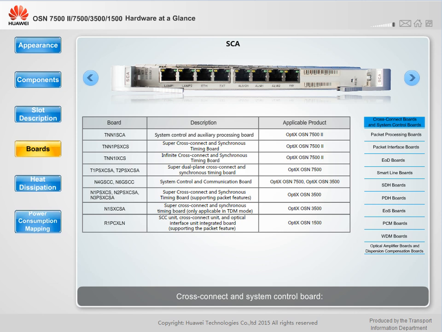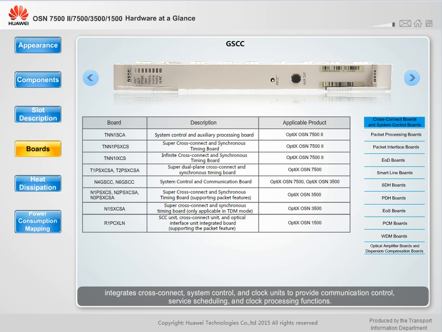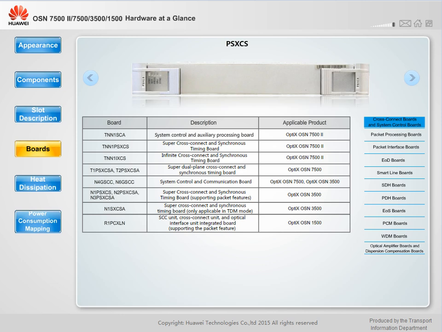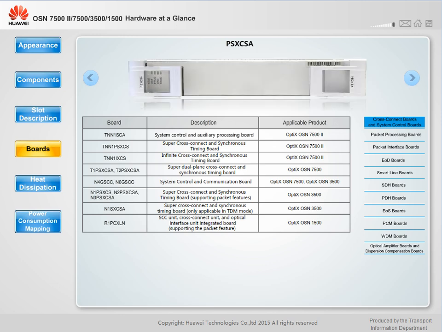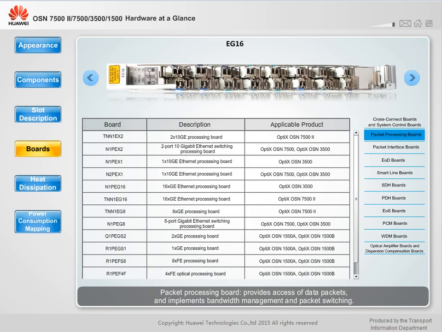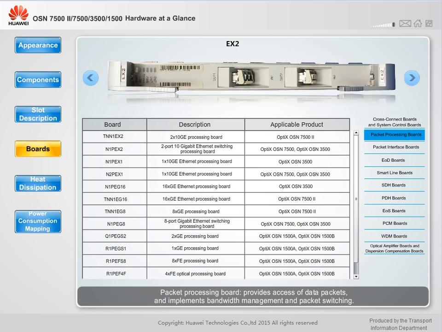The cross-connect and system control board integrates cross-connect, system control, and clock units to provide communication control, service scheduling, and clock processing functions. The packet processing board provides access of data packets and implements bandwidth management and packet switching.